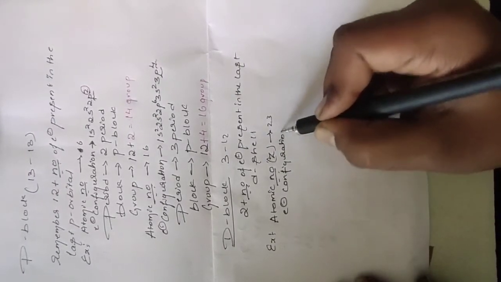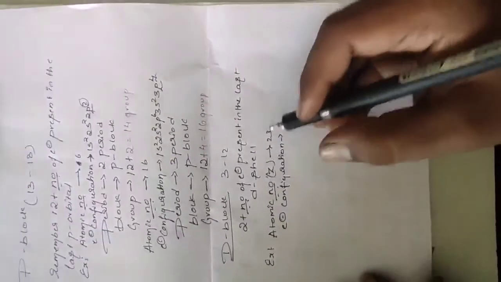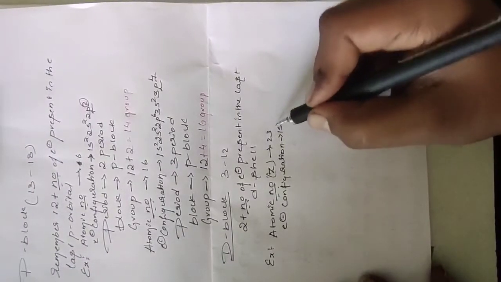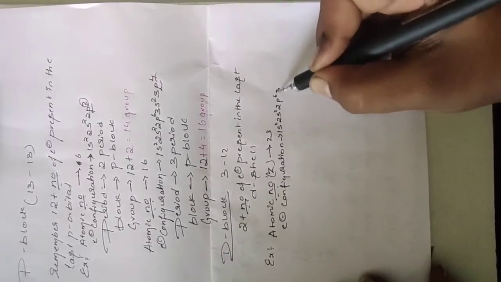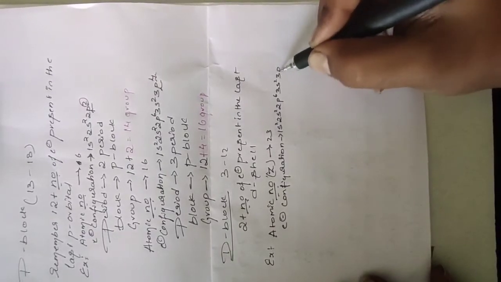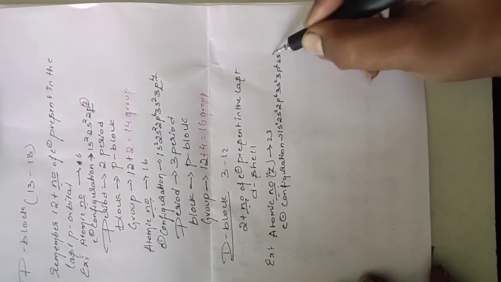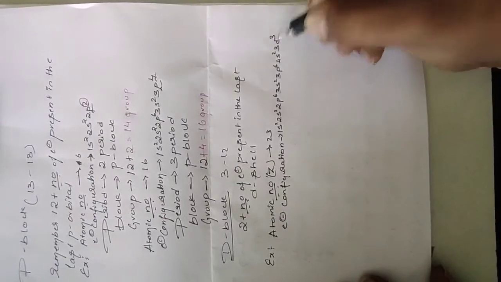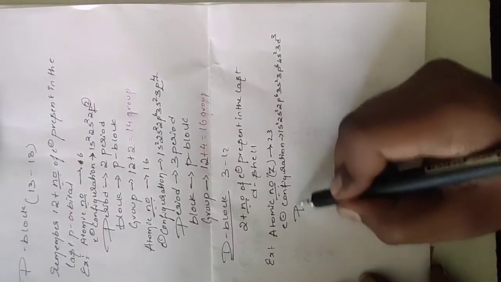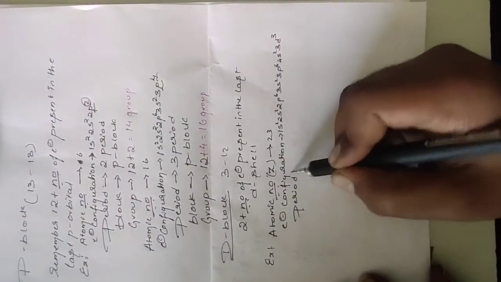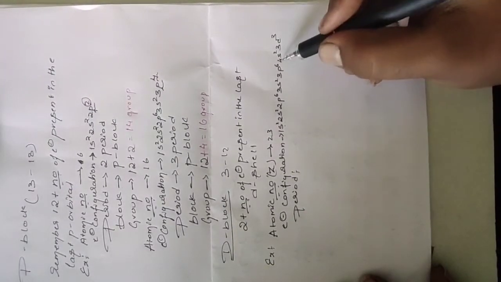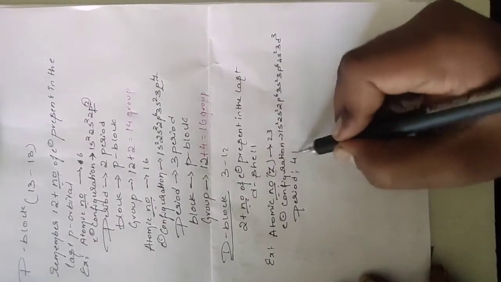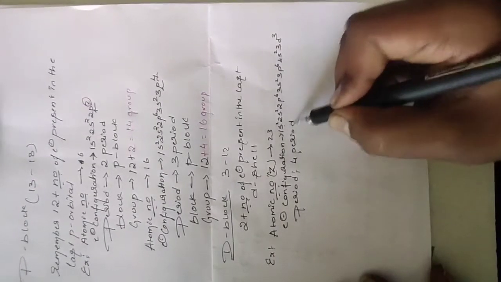Electronic configuration is 1s2, 2s2, 2p6, 3s2, 3p6, 4s2, 3d3. Then the period: you don't write 3, because the highest n value is 4. It is the fourth period.